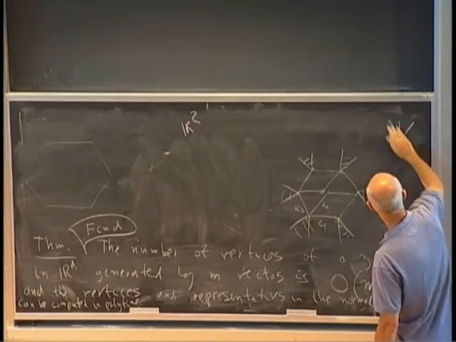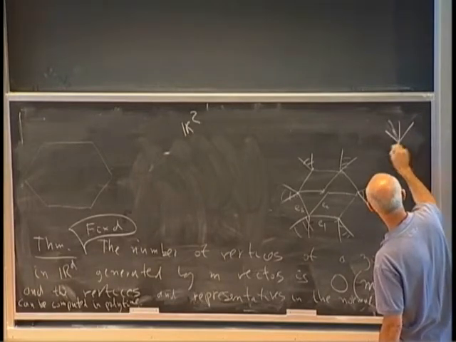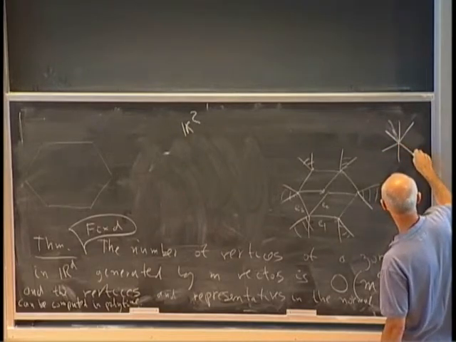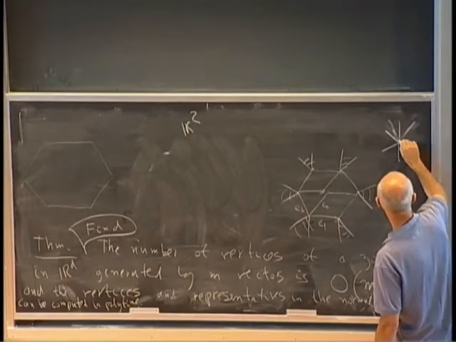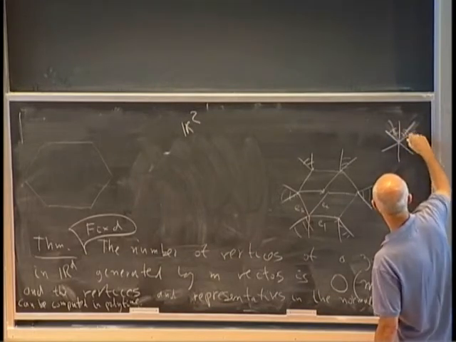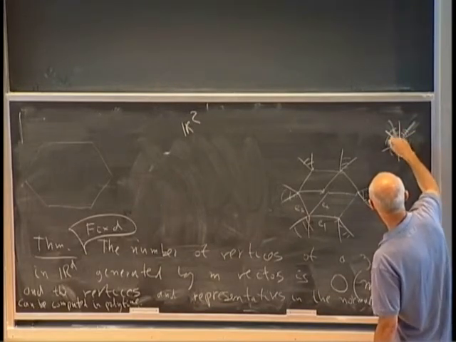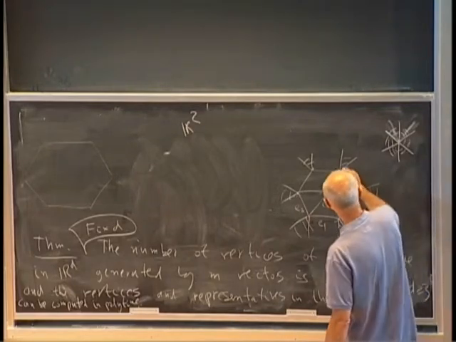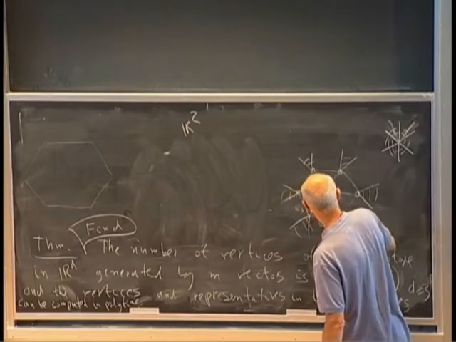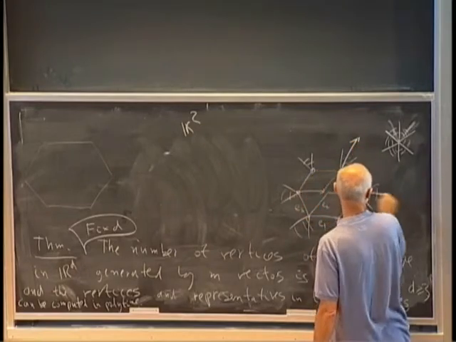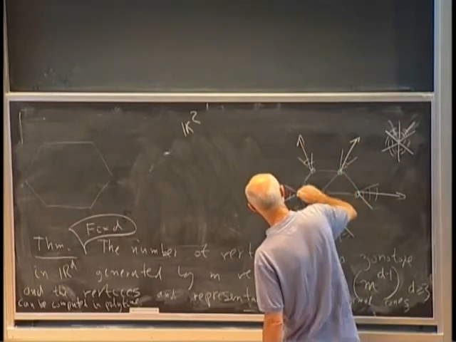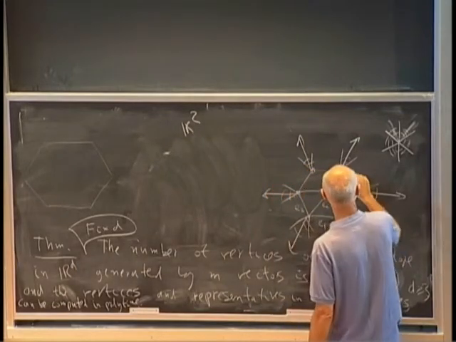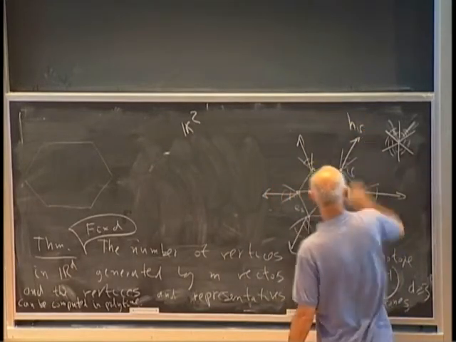Again, the picture is not so good. It's a nice fan. And so I can compute in polynomial time the vertices and a representative in each normal cone. This can all be done. So for every vertex v, I'm going to have some hv here.